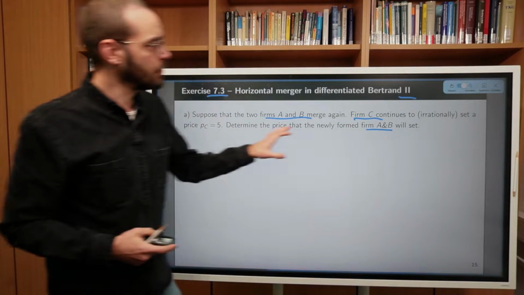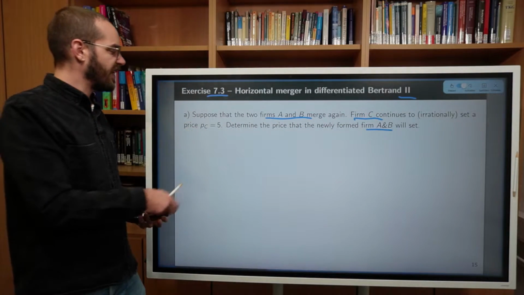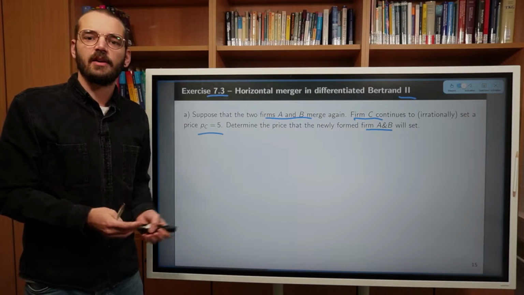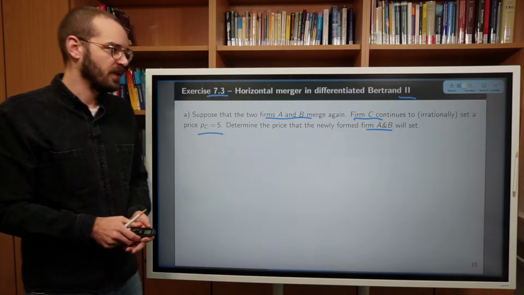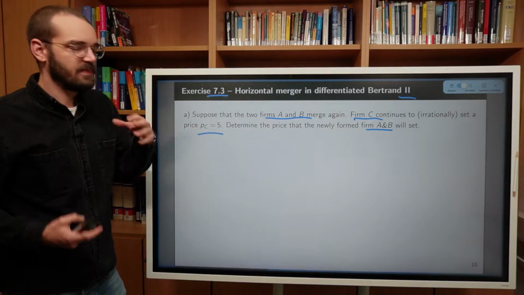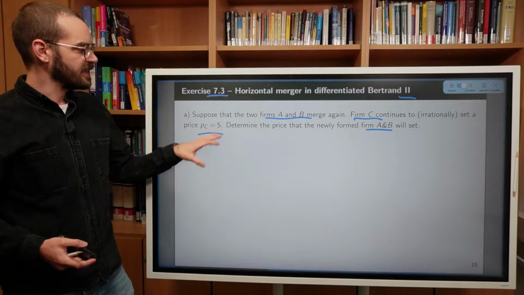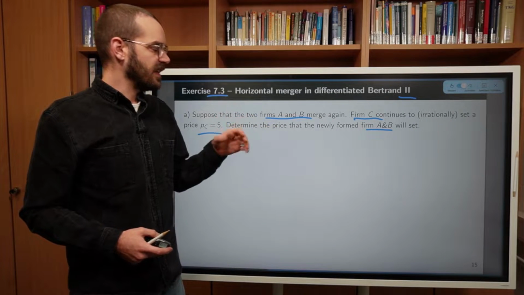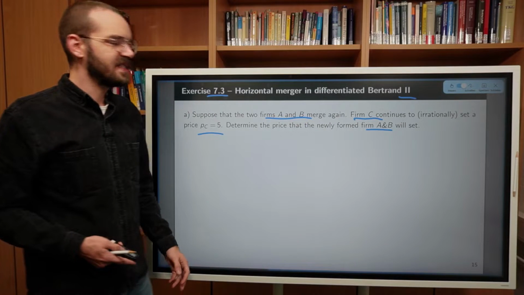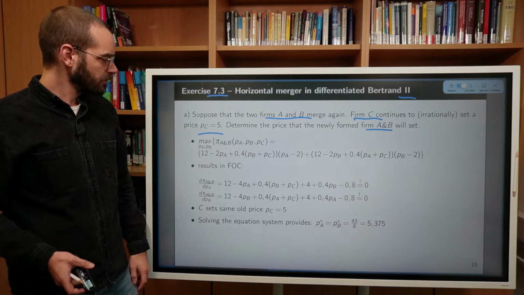We assume that firm C continues to set a price of 5, which, as a reminder, was the price under competition between all three firms. So firm A and firm B merge, firm C sticks to the price under competition, and we want to analyze what price the newly formed firm, A and B, will set in response to firm C's price.